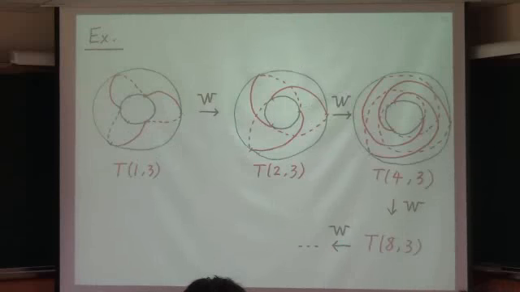But for the winding map W, for example, we have the following example. Take a standard torus and take a standard right torus knot of type 1,3. So this is a trivial knot. But if we map this by W, so this winding twice, we have the torus knot of type 2,3.